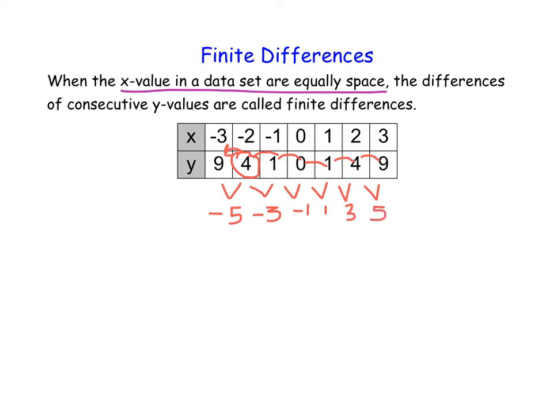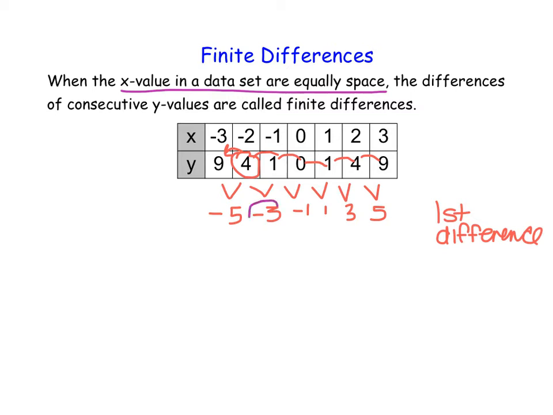As we're finding finite differences, we can actually find different layers of finite differences. This difference, being the first one between the first layer of y values, is called the first difference. And then from here, because there are still differences between those values, we can go to another layer. As long as there's a difference, we can keep going.